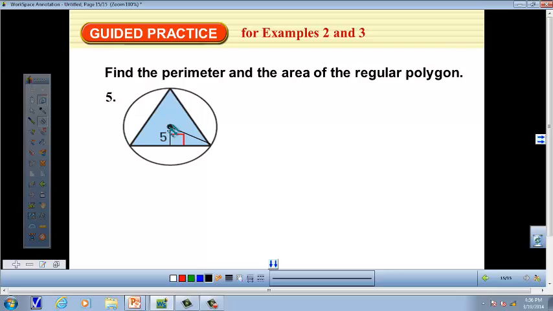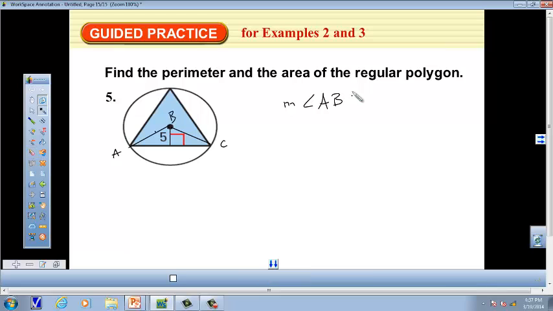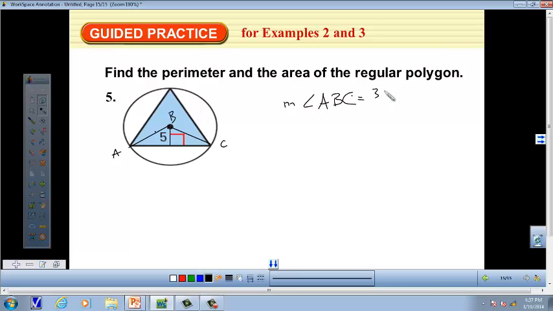If I draw a line here and a line here, this angle right here, which we'll call ABC, the measure of ABC is equal to 360 divided by 3. 3 sides, 3 angles. So that gives us 120.